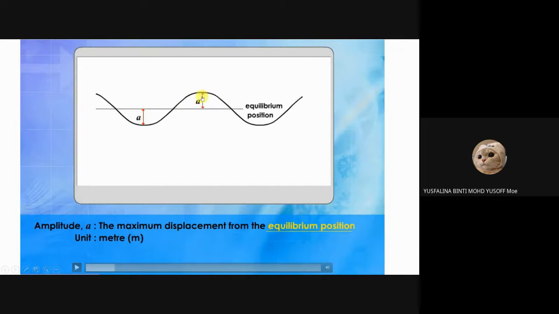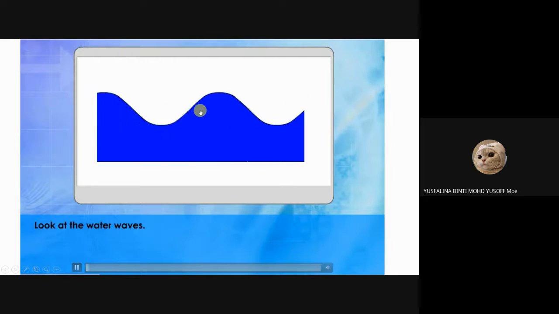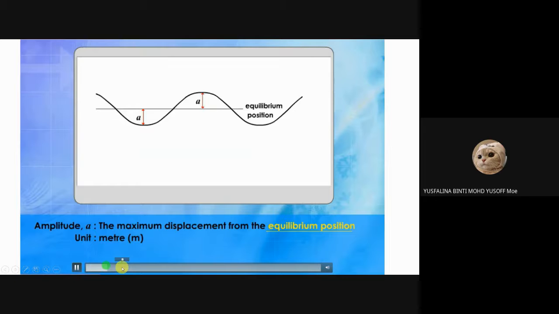This is called the amplitude. The symbol for amplitude is A. The SI unit for amplitude is meter.